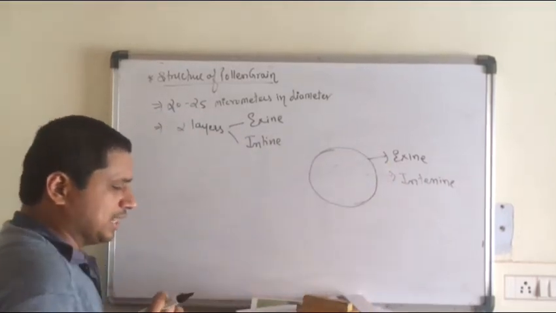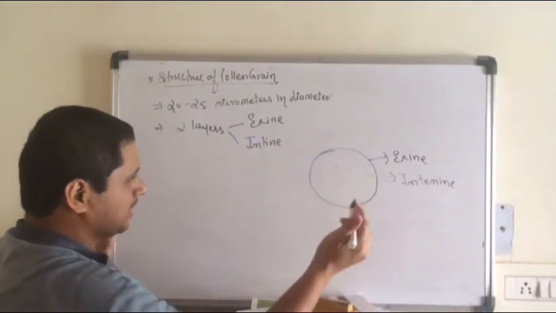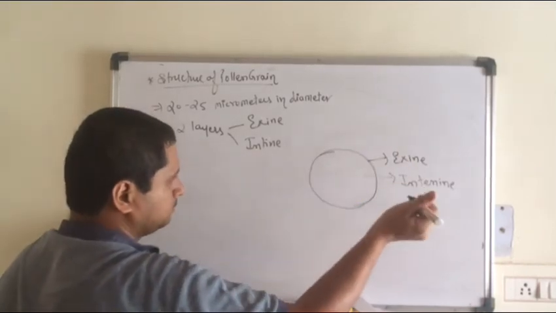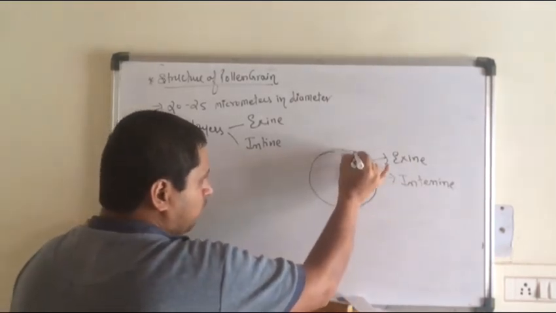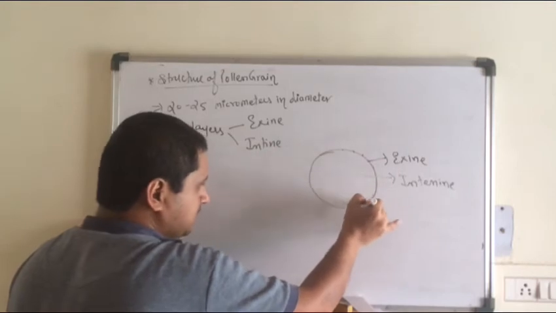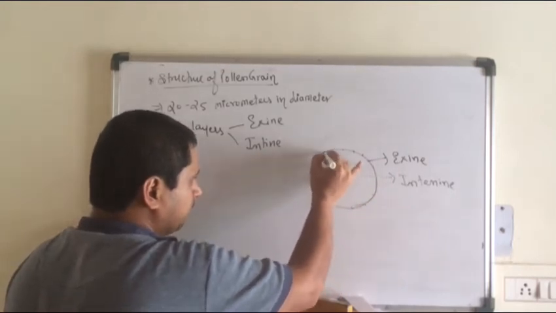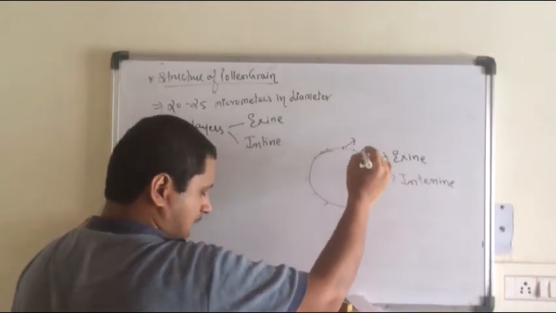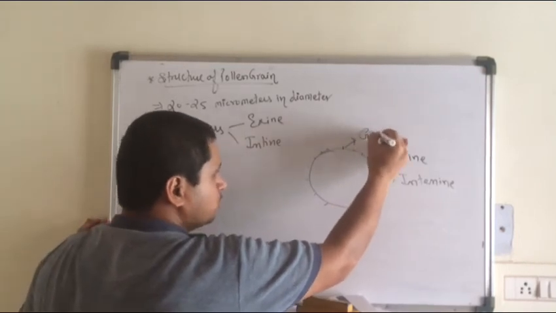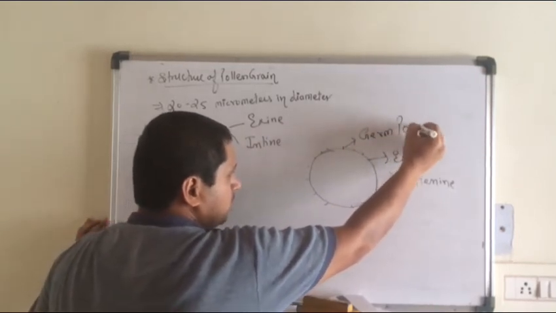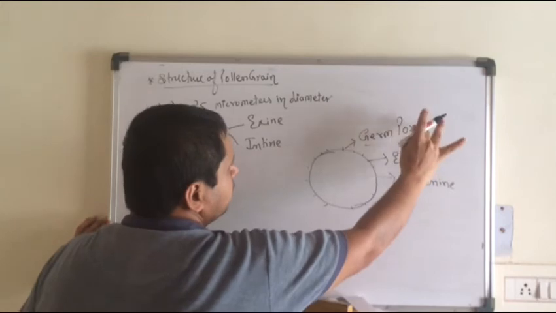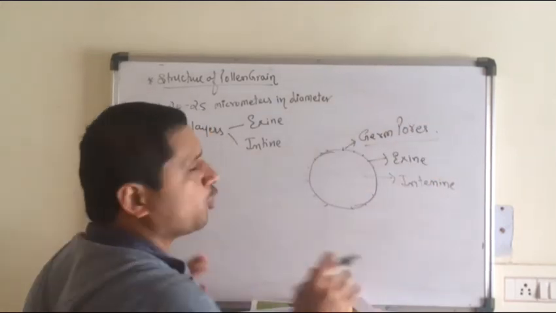Now the exine has small gaps in between. These gaps are known as the germ pores. These germ pores do not have the sporopollenin.